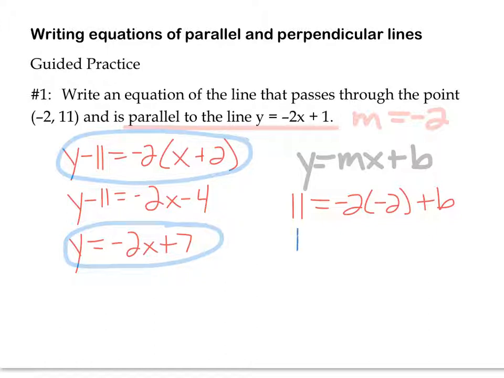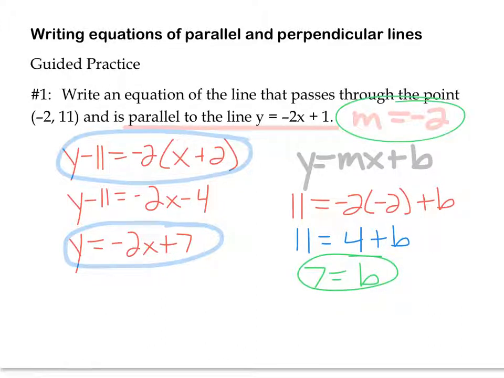So we would get 11 = 4 + b. When we subtract 4 on both sides, we get 7 = b. So now we would have the y-intercept and the slope. We could write out the y = mx + b equation, which would be y = -2x + 7, which is the same as what we had right here. Same equation, a couple different ways to get to it.